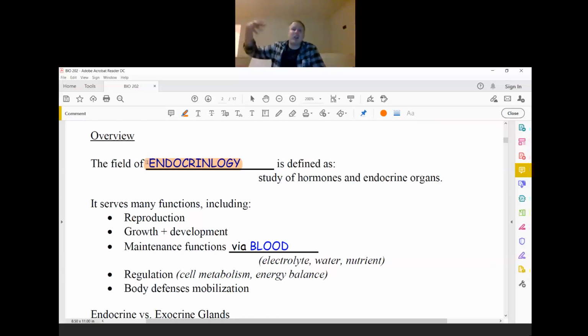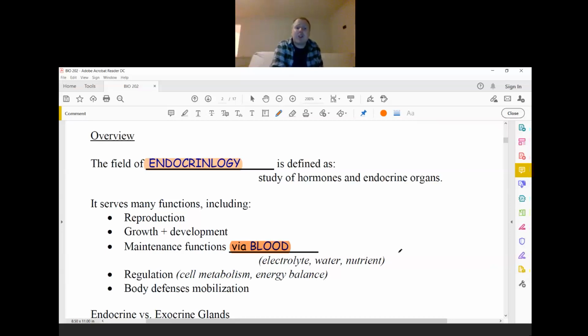Also the deactivation and elimination of the hormones as well. And we noticed that there were many different functions for the endocrine system, and we'll talk about that in a second. But from this list, I really want to highlight this part, that it is through the blood that most of the endocrine system works. So it is within the bloodstream where we release these hormones and how these hormones travel throughout the body.